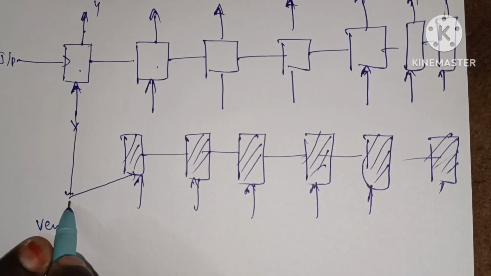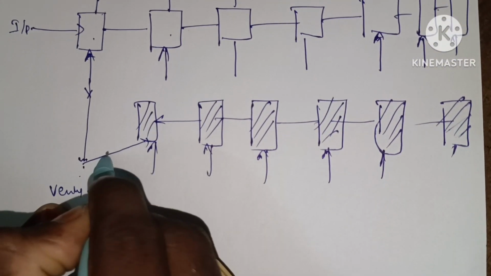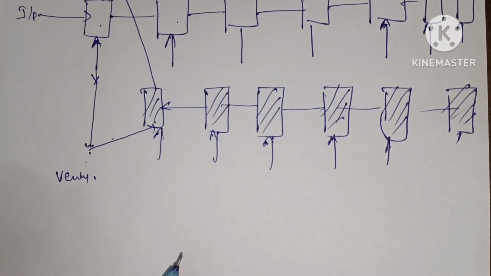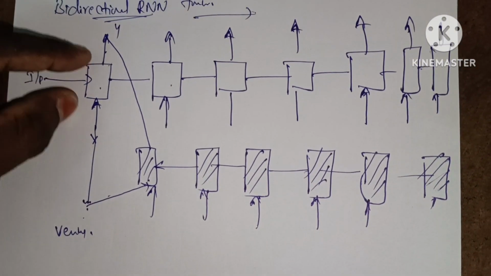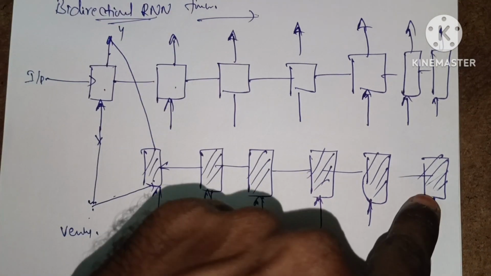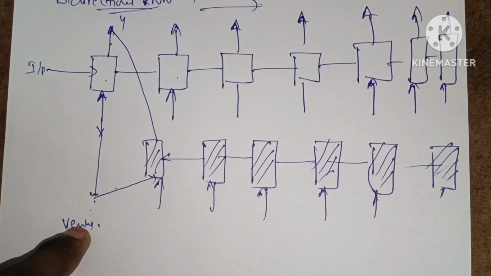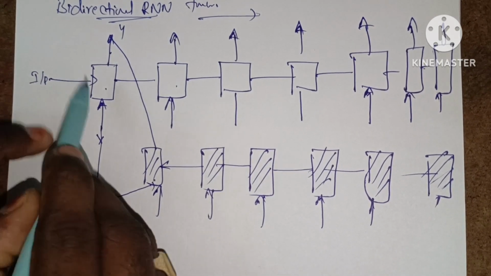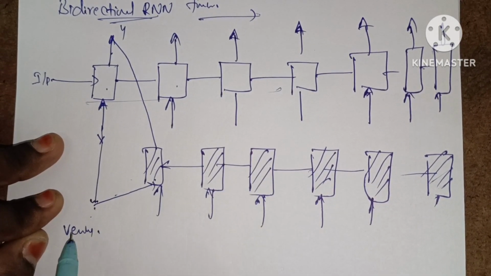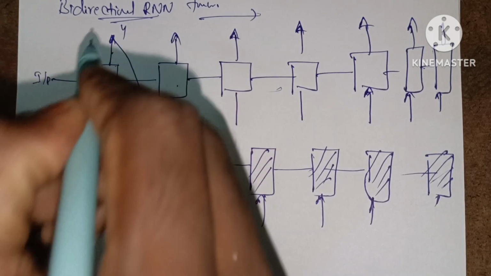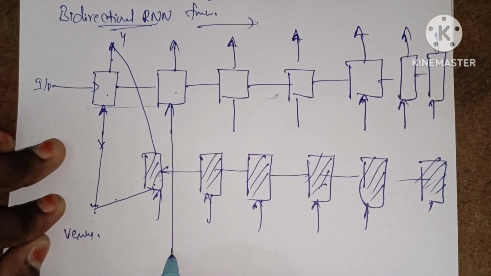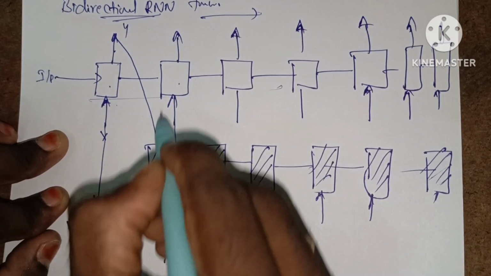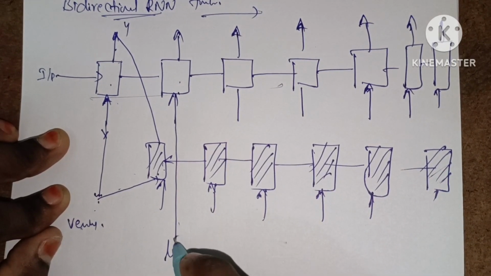So first Venki is given to this one, and at the same time it is given to the other one. The first input gives an output, and at the same time the same input is given to the backward RNN. Based on this architecture, both take the same input. Next, loves is given to the forward direction RNN and the backward direction RNN also.